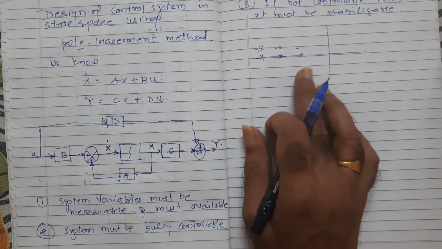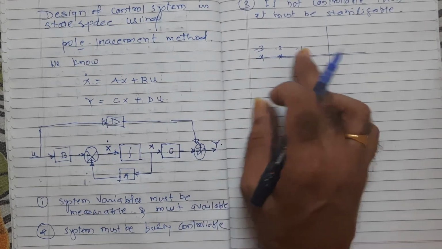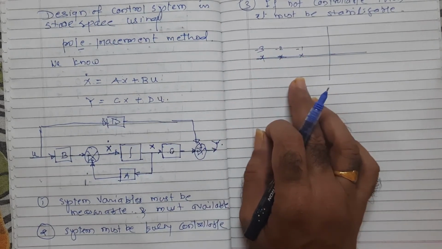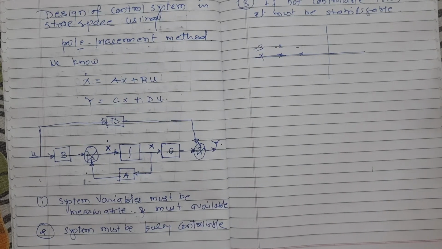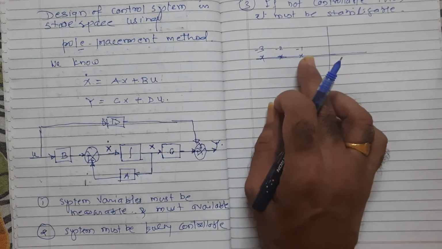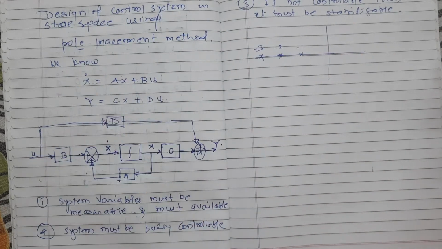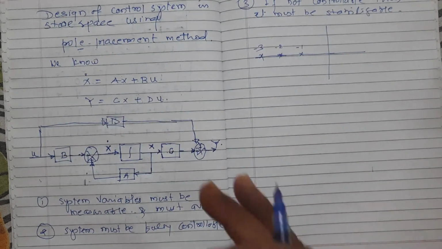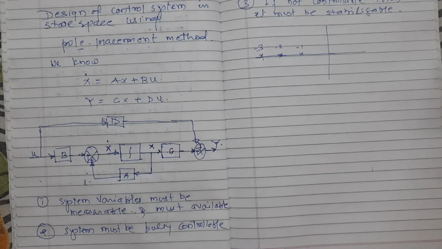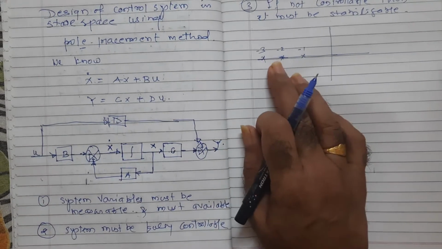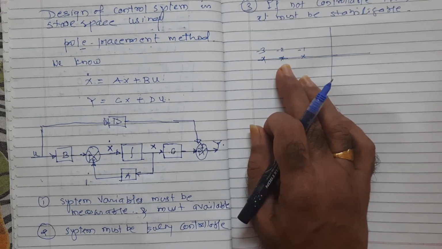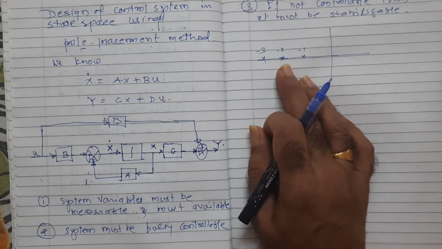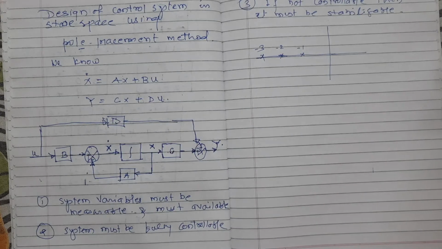My system is also controllable, as well as stabilizable. Now I know that my poles are in the left half of the S plane, but I want to change the position of these poles to any other desired location.